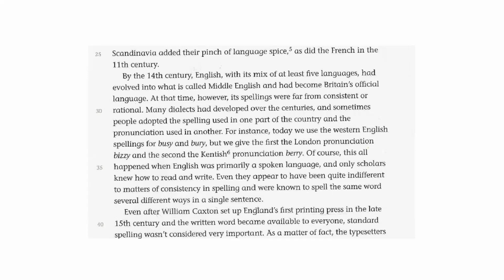Many dialects had developed over the centuries, and sometimes people adopted the spelling used in one part of the country and the pronunciation used in another. So this dialect is kind of like what other countries have, let's say, for example, Philippines. Philippines has a lot of different people with a lot of different dialects.